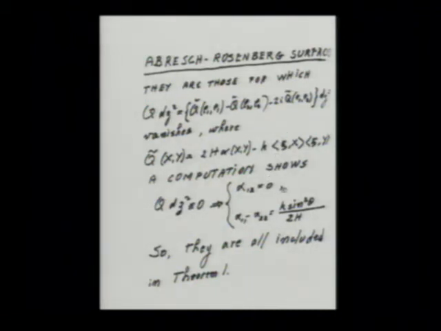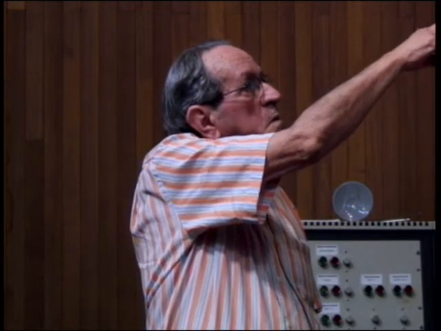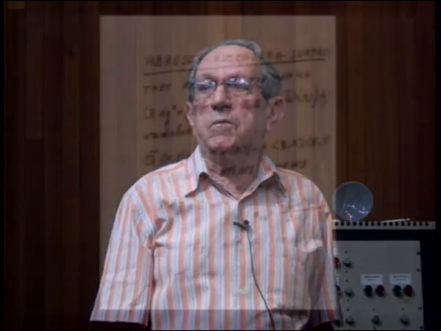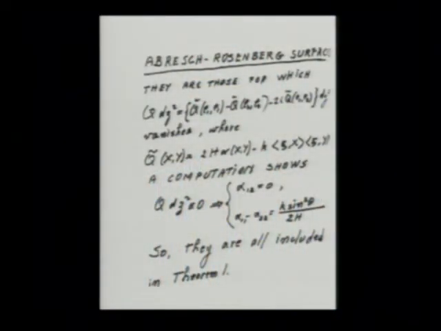But since it has no component in E2, it is E1 sin theta plus E3 cos theta, the inner product with E2 is 0, so the only way is that alpha 1,2 is 0. That's more or less immediate from that equation. And then a little bit of computation shows that the second equation is okay too. So Abresch-Rosenberg surfaces are all rotation surfaces in that category that we are looking at.